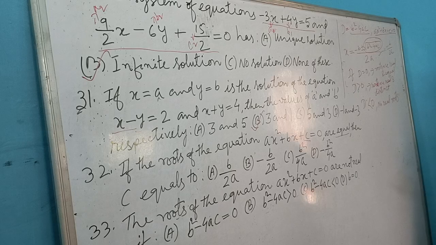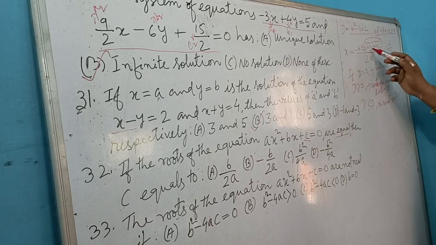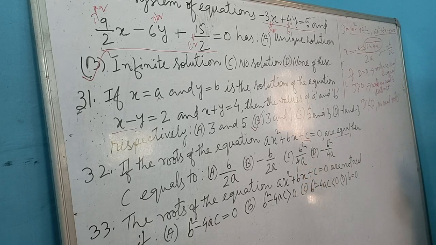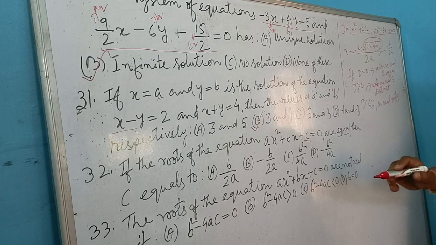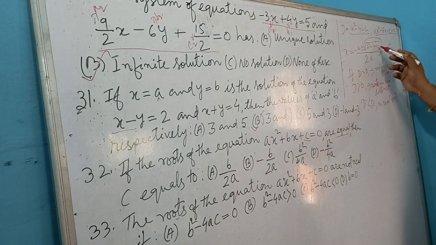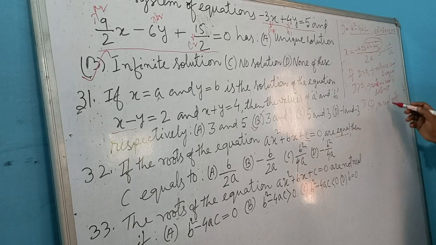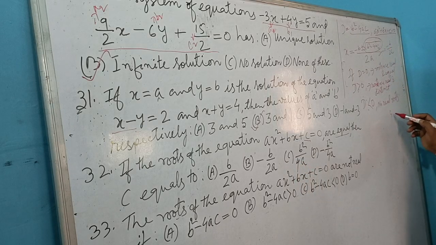Now the value of this c would be what? If you just imagine, for what value will b square minus this get cancelled. So here, if you write b by 2a instead of c, 2 to the 4, a cancel, b is coming.